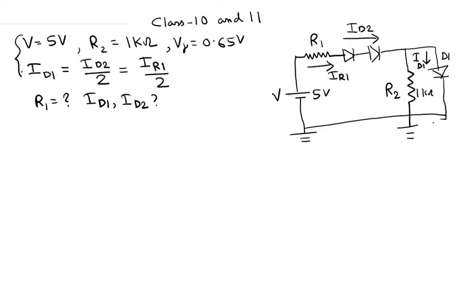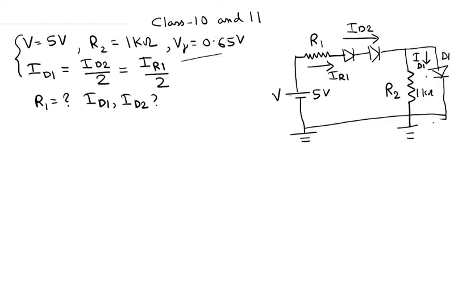Now first note that this diode D1 is connected in parallel with this resistor R2. We already argued that whenever the diode is in conducting state, the voltage across the diode cannot exceed V gamma, which is the cut-in voltage.